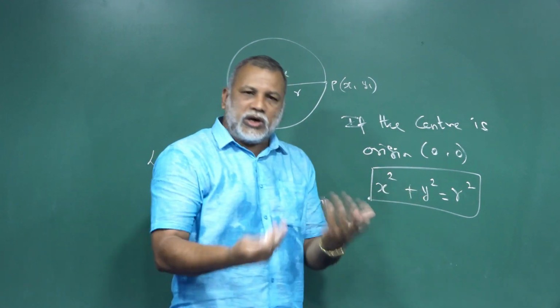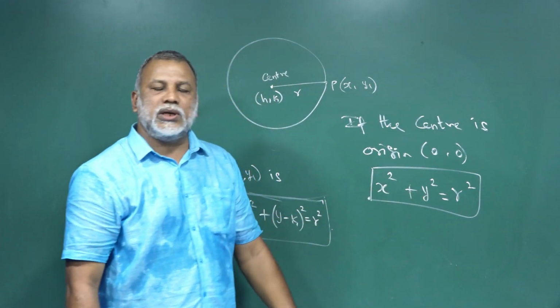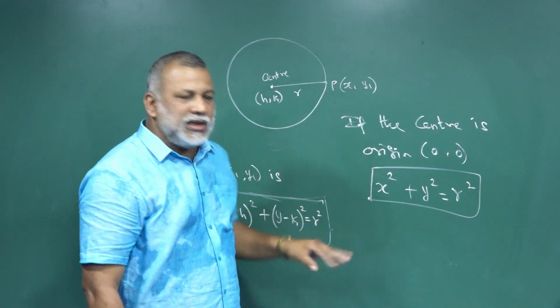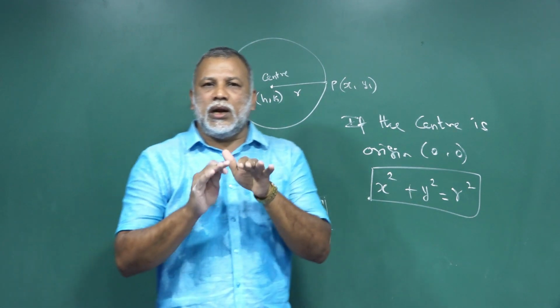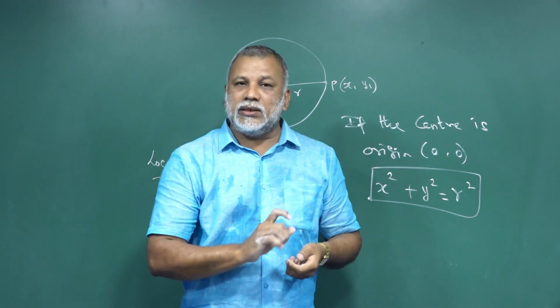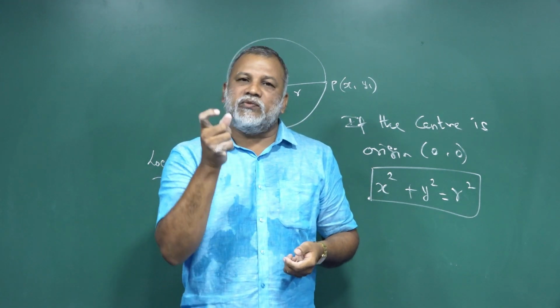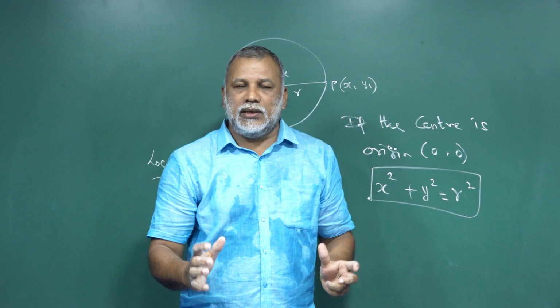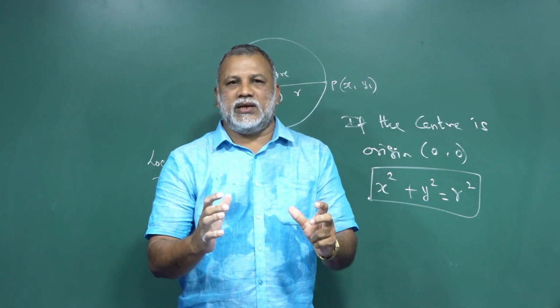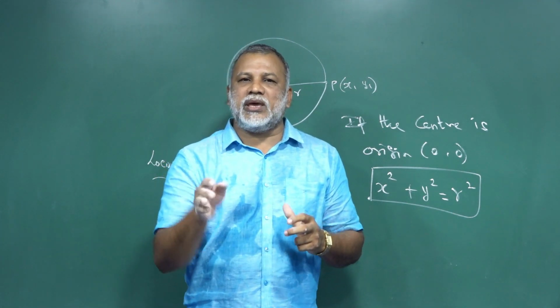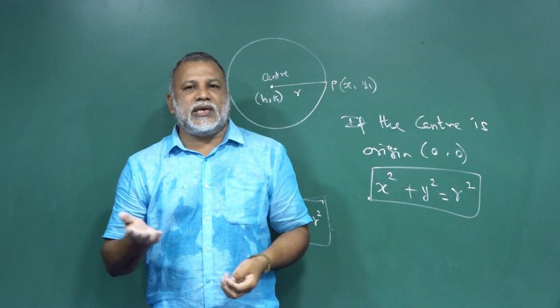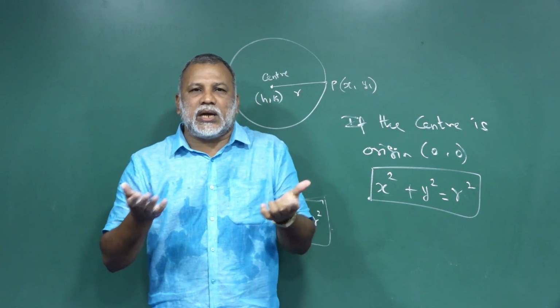Therefore, it will be modified as x squared plus y squared equal to R squared. So this is an example for the locus. Dear students, the word locus is very important in your higher studies. Once again, recall your definition: the path traced by a moving point according to a specified geometrical condition.